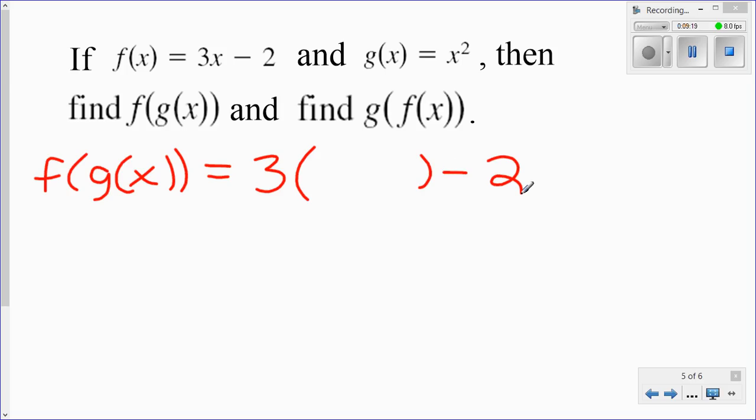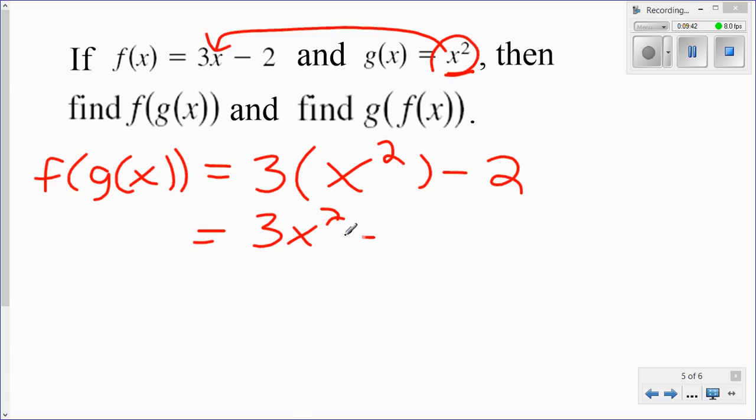Because what we're going to do is take g of x and plug that into the parentheses. So you can see where we're actually taking the x squared and plugging it in for x. And then basically we could just clean it up and write it as 3x squared minus 2.